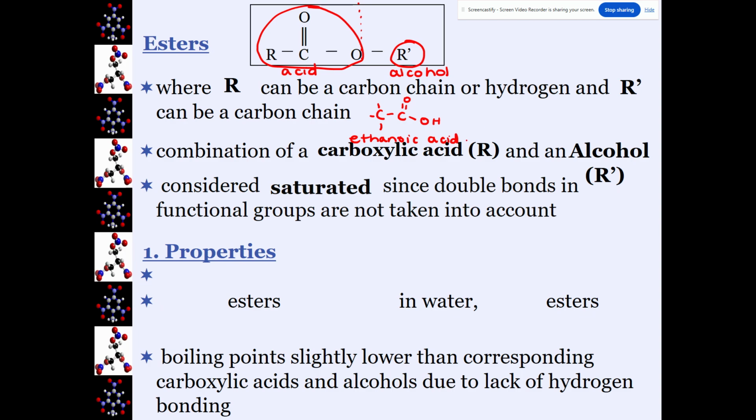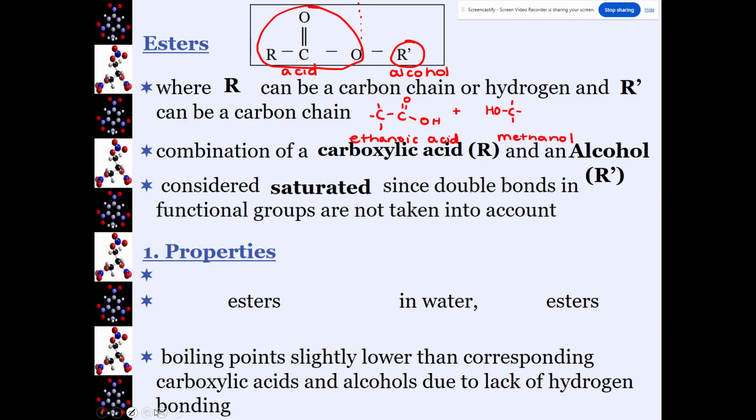It is going to react with an alcohol. In this case, let's make it our simplest alcohol that we can have, which is methanol. Now, what's going to happen? Actually, I'm going to draw this a little differently. It's the same thing, I'm just going to write the OH on that side.